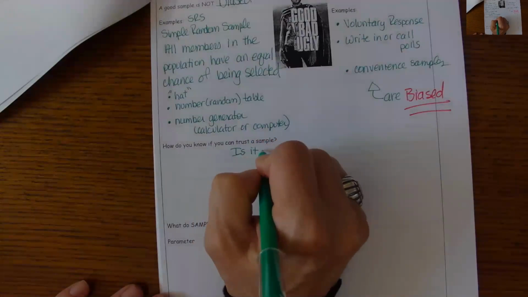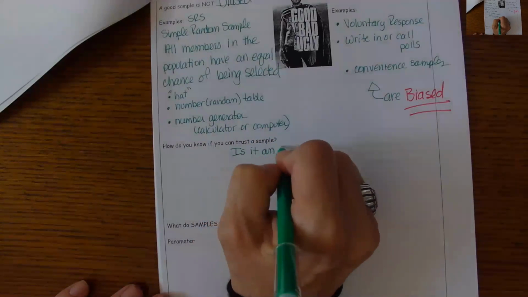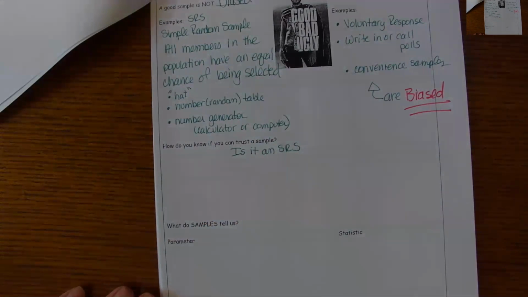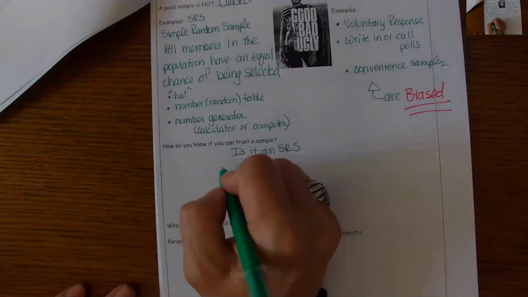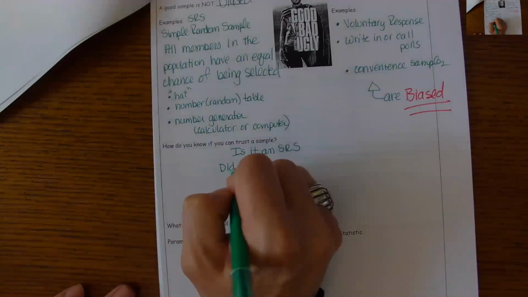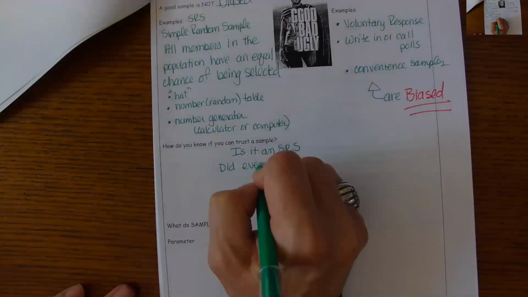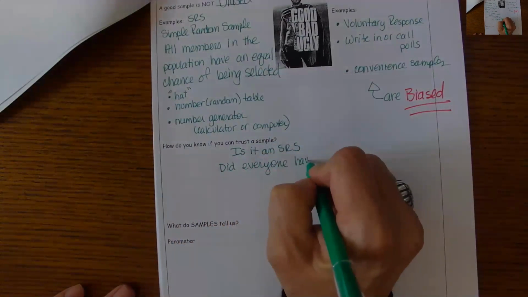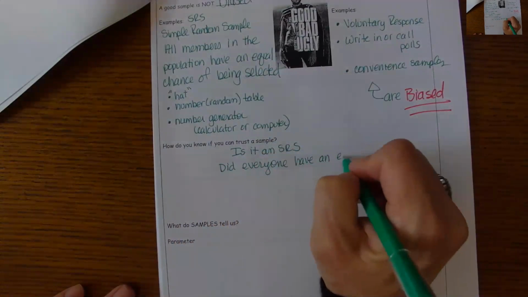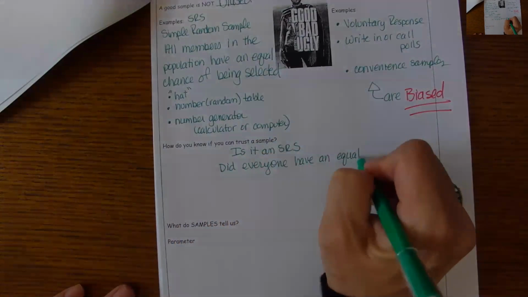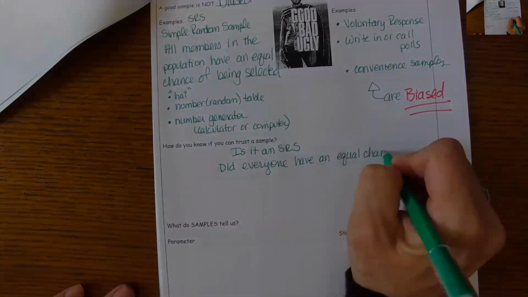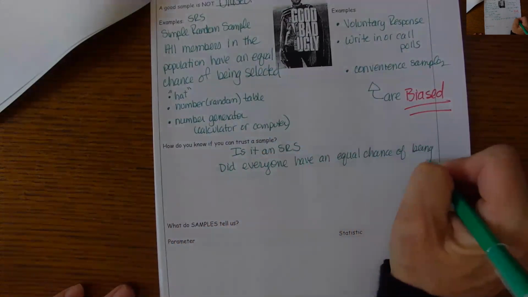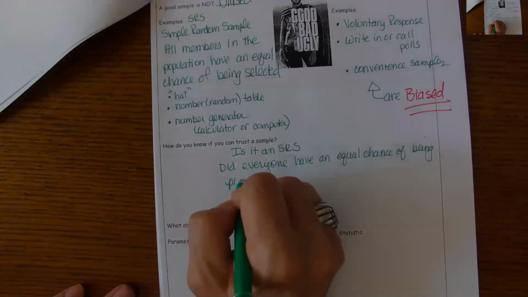How do you know if you can trust a sample? Is it an SRS, right? Did everyone have an equal chance of being picked?